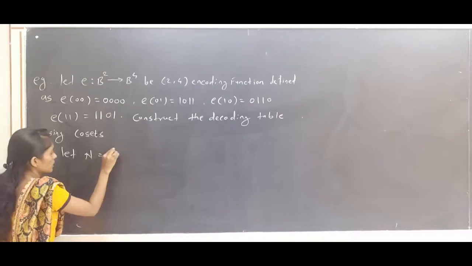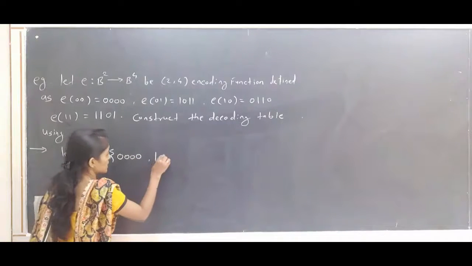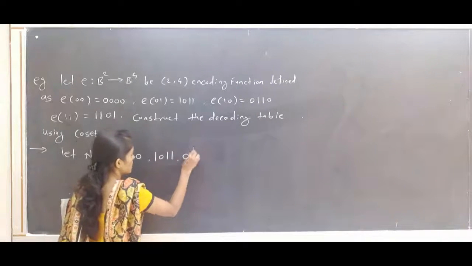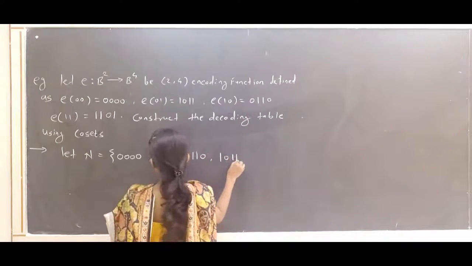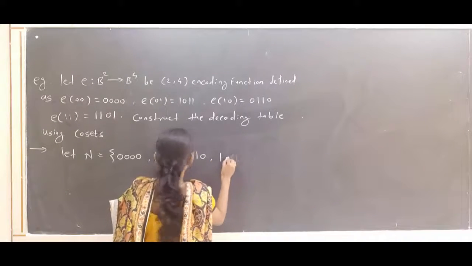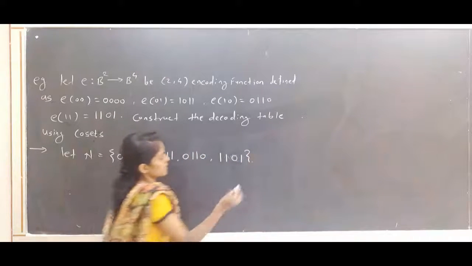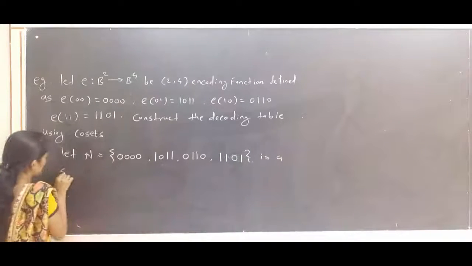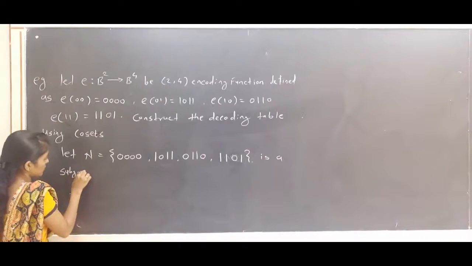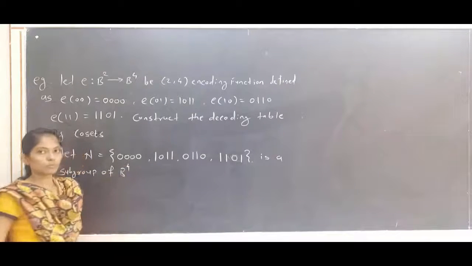Let N = {0000, 1011, 0110, 1101}. It's a subgroup of B⁴.